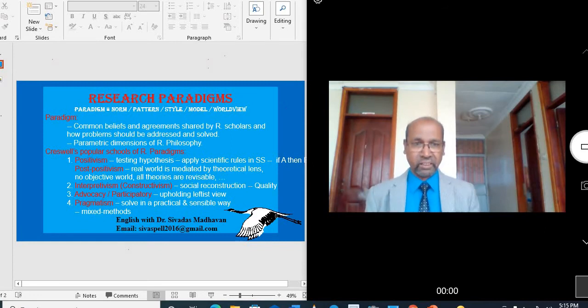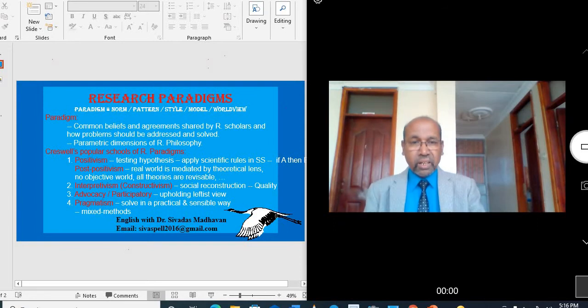Even if the researcher doesn't know what a paradigm is, if he follows the pattern of other researchers, he will have a pattern. So the research students will have the coursework, or they will study the research methodology, and in that methodology they will learn what research paradigms are. So research paradigms are an inevitable part of research writing or conducting research, and it is divided in accordance with the research approach.